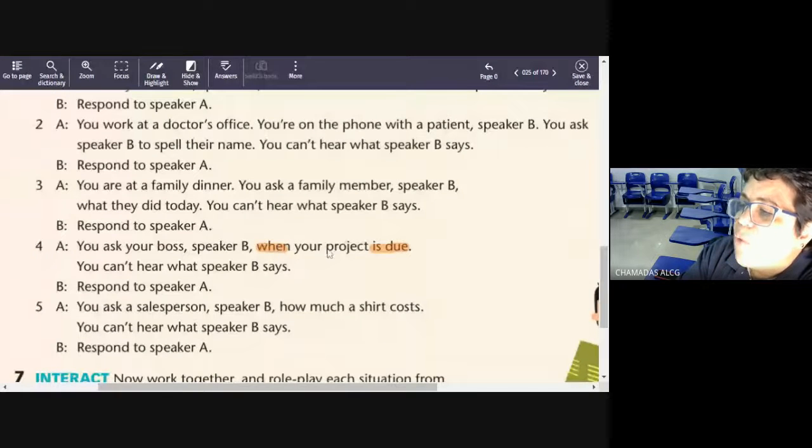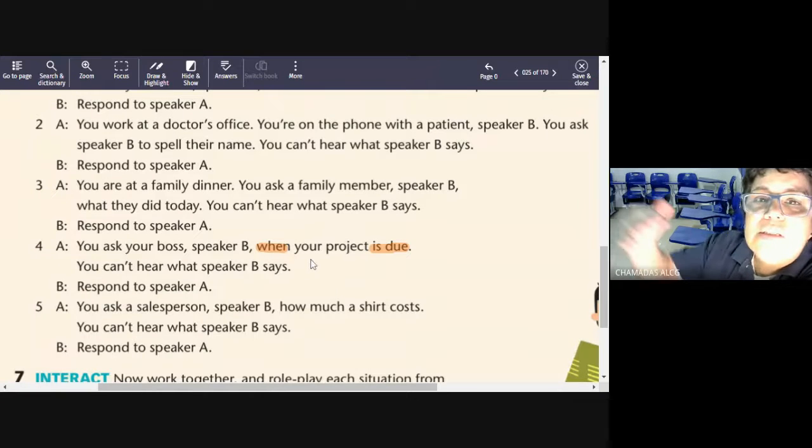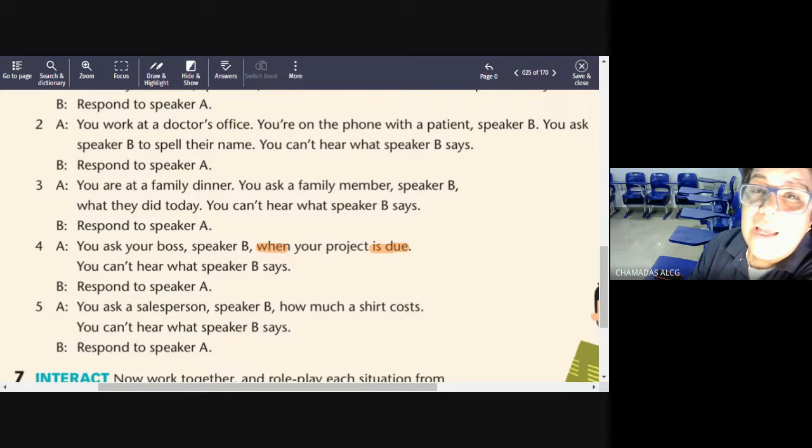When we ask someone when something is due, I want to know the date, the deadline, when I should hand something in or when I should finish something. So here he wants to know the date to deliver his project. So when is the project due? Okay? Do you understand? I want to know the limit date when I have to present the project.